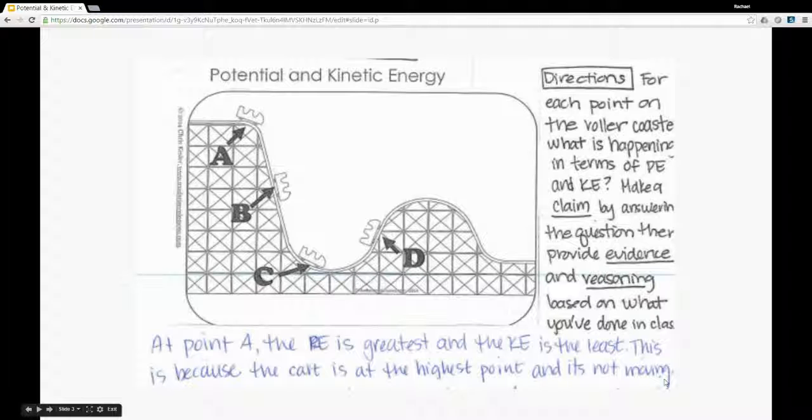Just explaining that to you now, even though the reasoning is on the back: potential energy has to do with height and mass, and at the very top of the track, we're assuming that it's not quite moving yet. Kinetic energy is based on mass and velocity. If it's not moving yet, then its velocity would be 0.